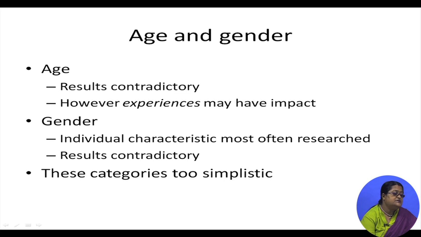So, with age and gender, the research is contradictory; we just cannot come to the conclusion that people who are elder in terms of age and experience are better ethical decision makers as compared to young people, or that males are better decision makers than females, or vice versa.